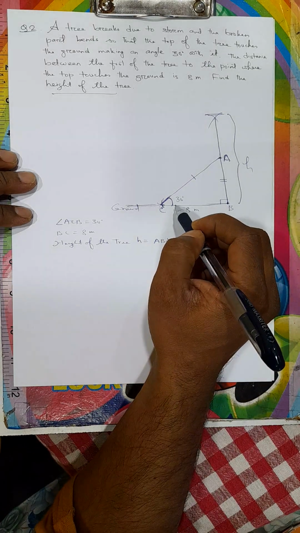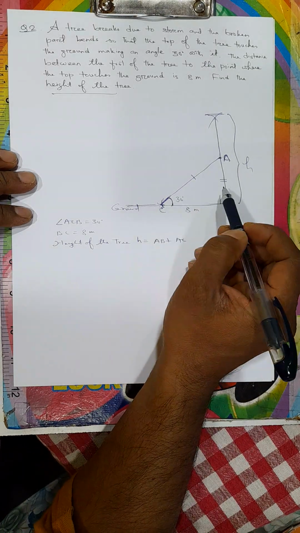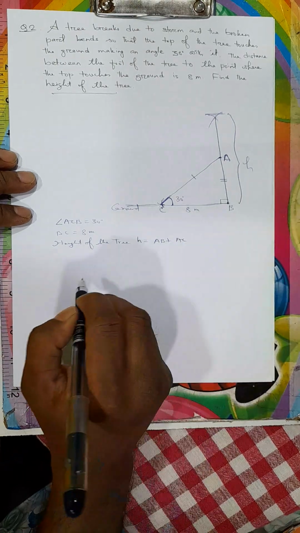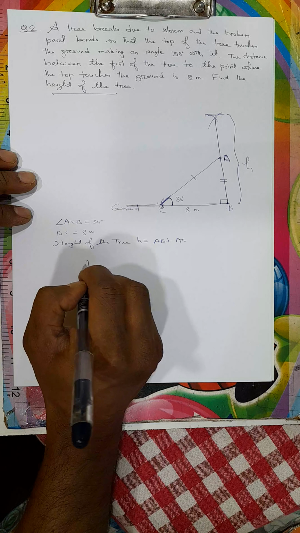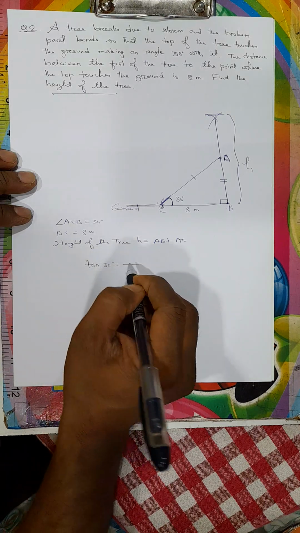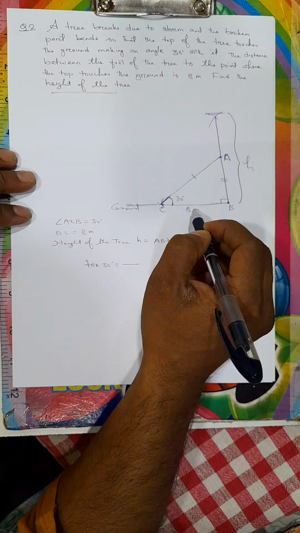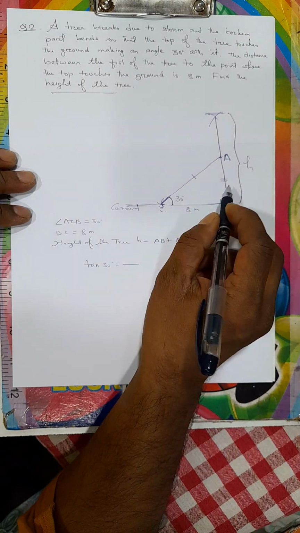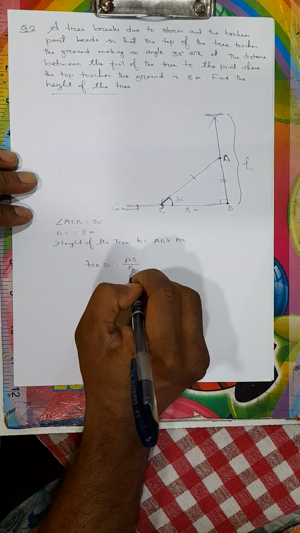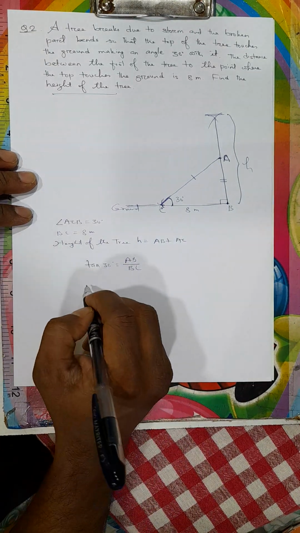Now let us find with respect to this angle, how will you find AB when BC is given? You remember tan theta. What is tan 30 degree? Opposite by adjacent, right? Opposite means AB, adjacent means BC. So what is tan 30 degree?